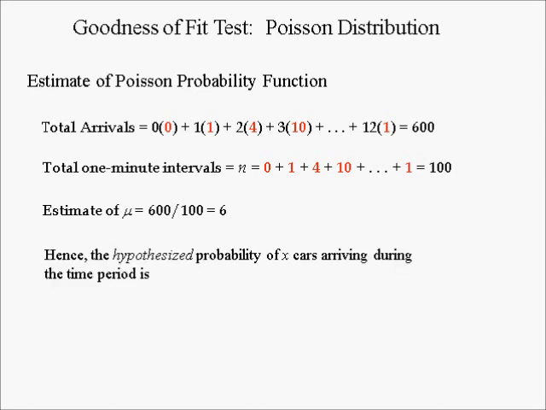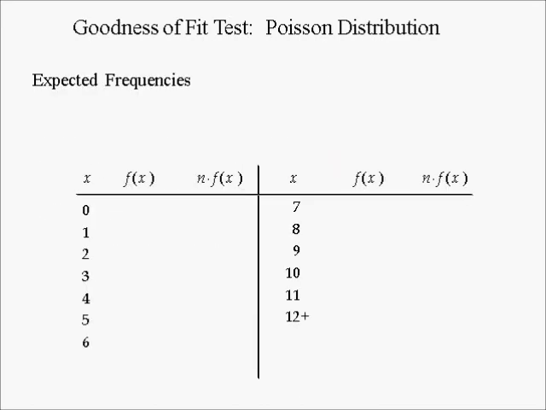Hence, the hypothesized probability of X cars arriving during the time interval, now this is true if the underlying distribution is Poisson, is f of X equals 6 to the X times e to the minus 6 divided by X factorial. So we're computing probabilities based on the assumption that the distribution is in fact Poisson.